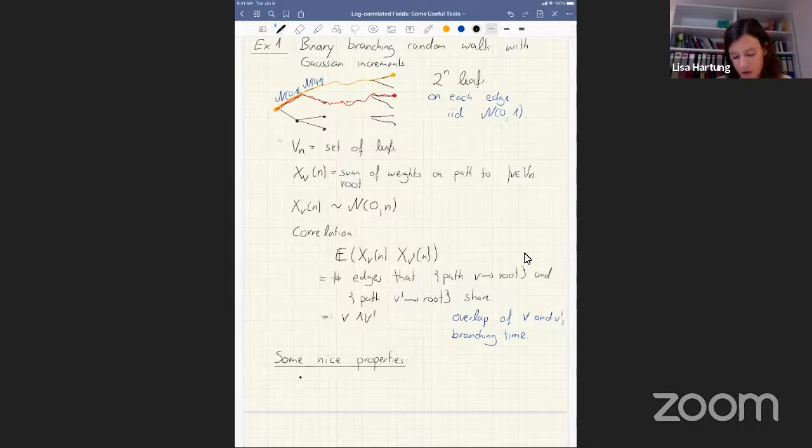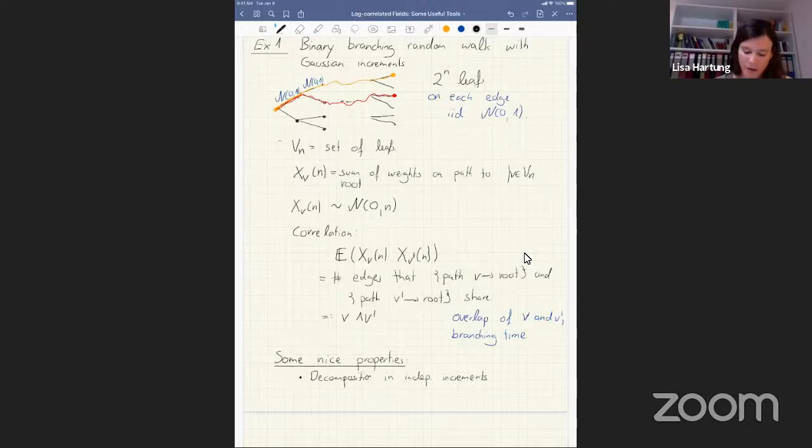Well, first of all, if you look at this X_v(n), it's a sum of independent identically distributed random variables. So if you just look at one particle or at one leaf, you always have a decomposition in independent increments, which is very useful if you actually want to do some kind of computation.